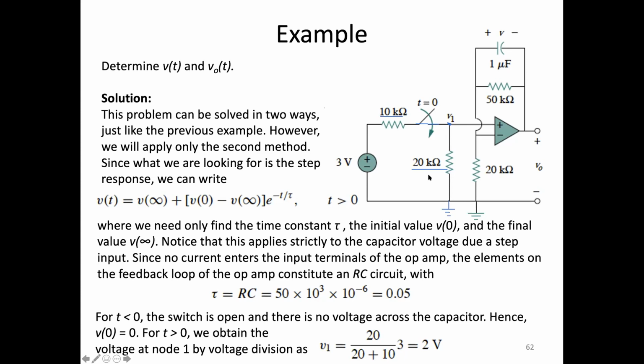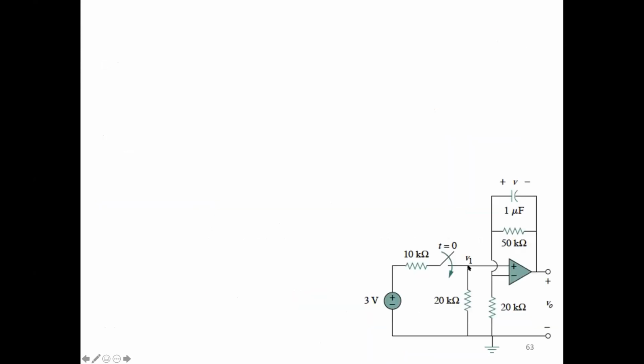So from voltage division, the value of V1 is equal to 2 volts. Let's clear the annotations. Okay, so just remember that V1 is equal to 2 volts here.